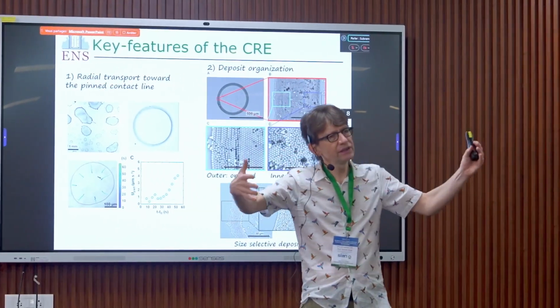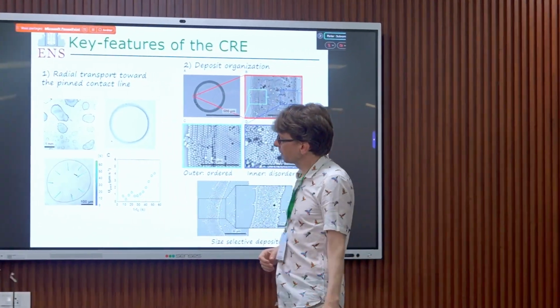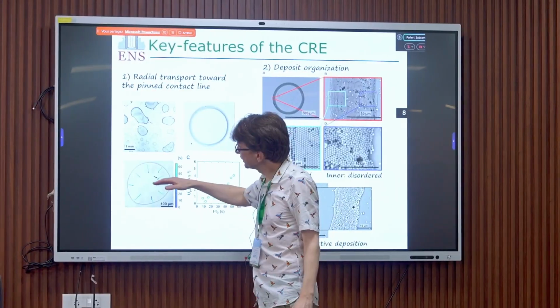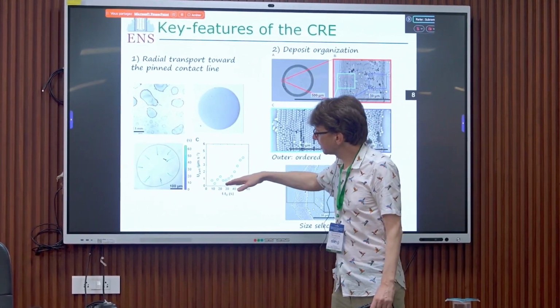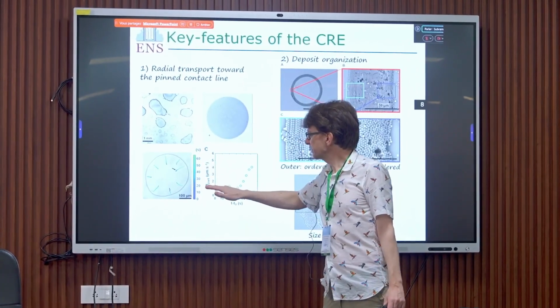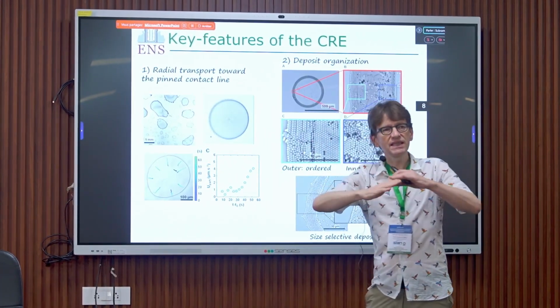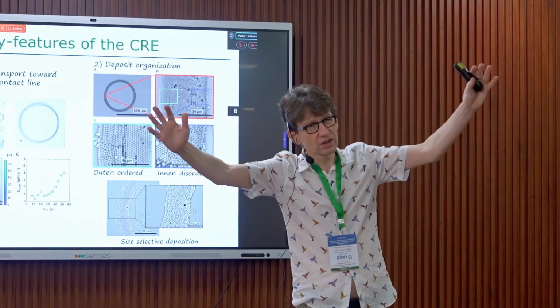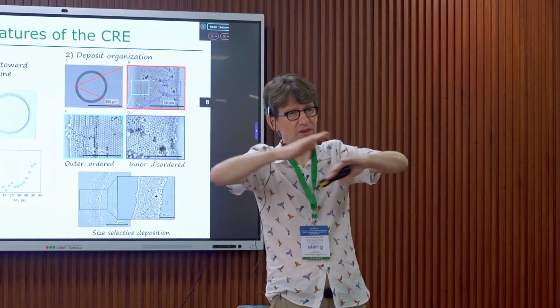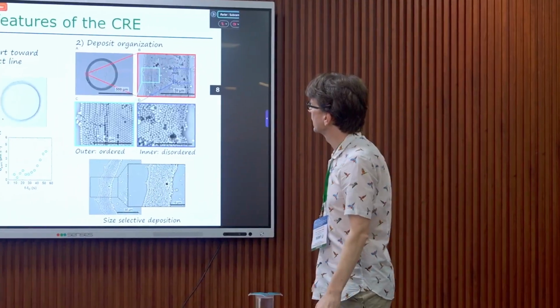So indeed, you have a flow inside your drop, transporting things toward the contact line. If you follow a single particle, you will see that the speed is quite steady, and at the end, when your drop becomes very flat, you have a strong acceleration. Suddenly everything is going super fast in your droplet.